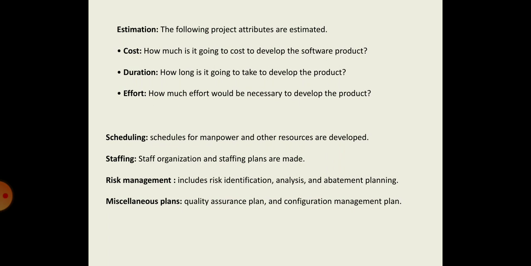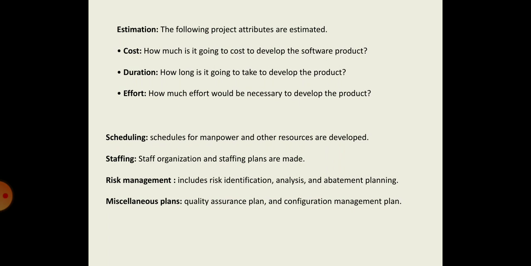So the overall expense needed for the effective development of a software should be estimated, the time taken for the development of that project needs to be estimated, and the effort needed for the effective completion of the software needs to be estimated. These three are the basic attributes to be estimated before the beginning of any other development activities.